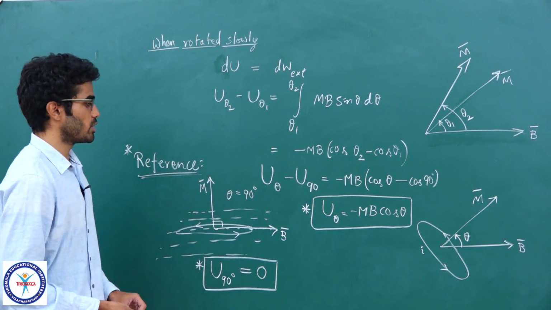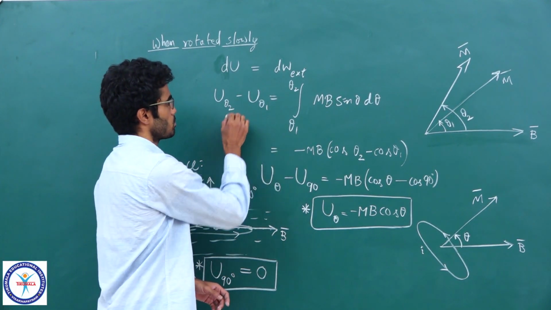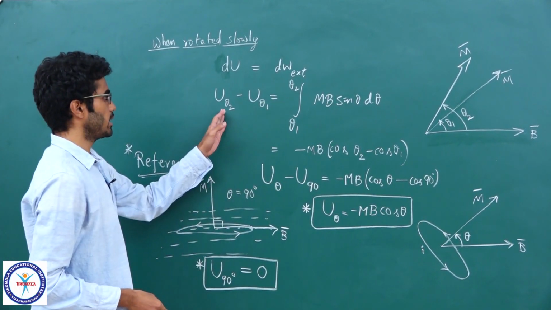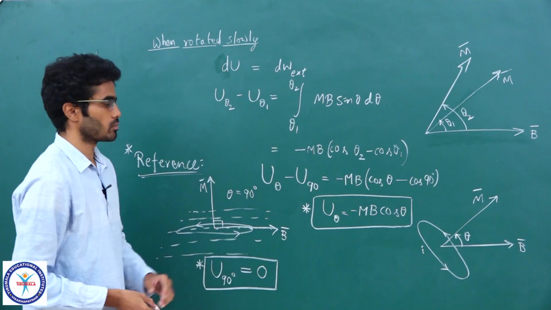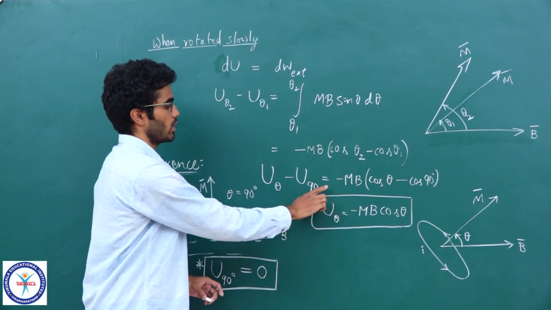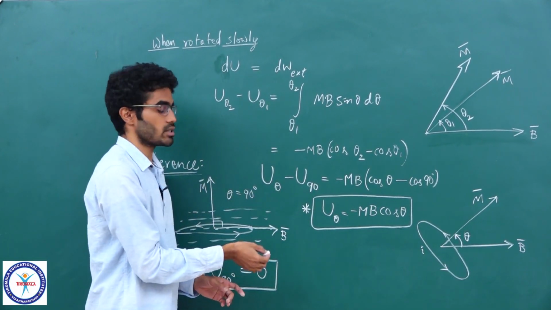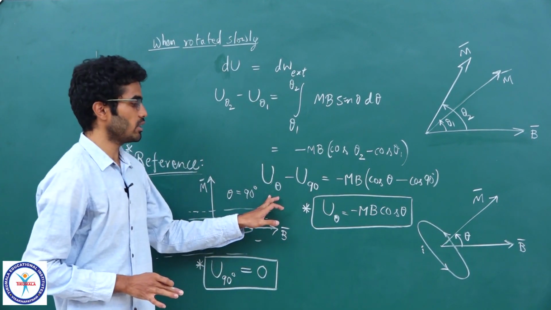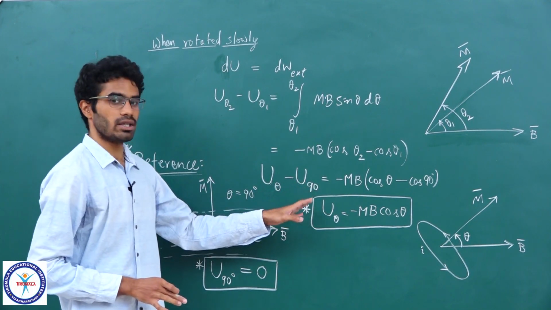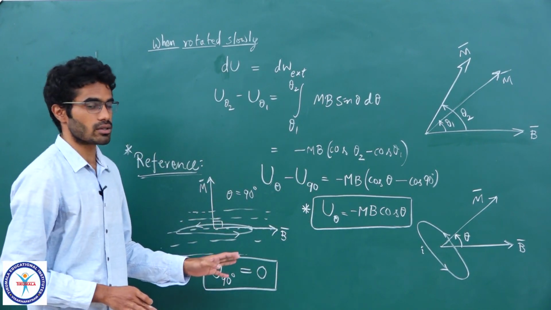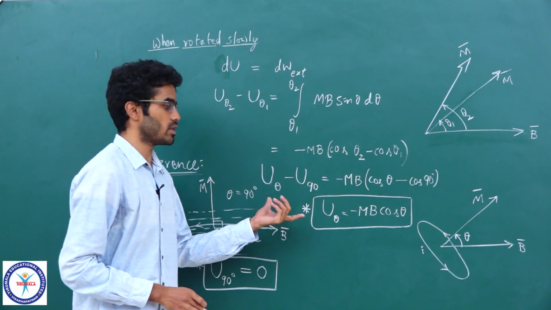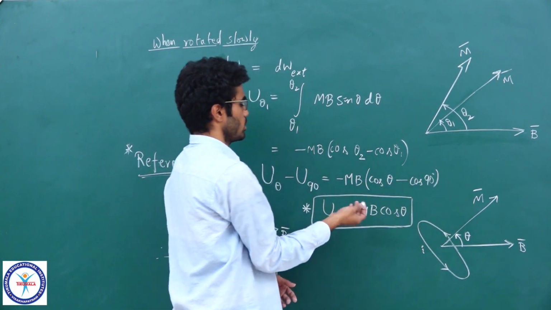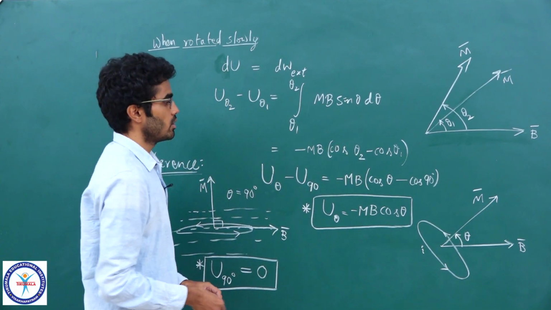So, by making use of this, let us substitute for theta 1 90 degrees and theta 2 be any particular angle theta. So, this term now reduces to the difference in potential energies for the situation when it is at angle theta minus the potential energy when it is making an angle 90 degrees. So, the difference in the potential energy is now given by minus mb cos theta minus cos 90, you substitute theta 1 as 90 degrees, but this is 0.